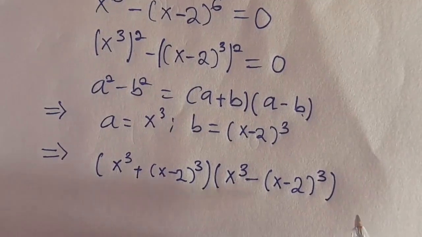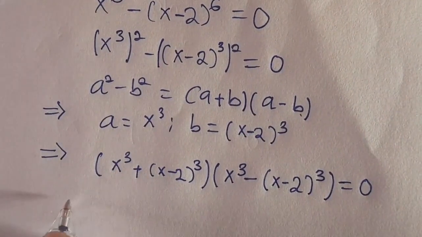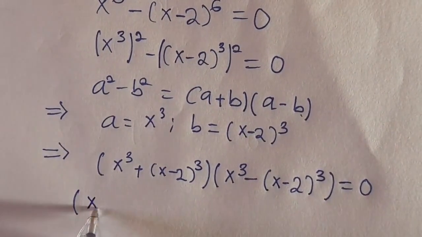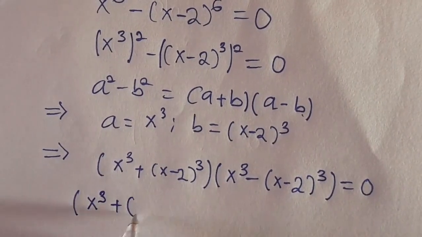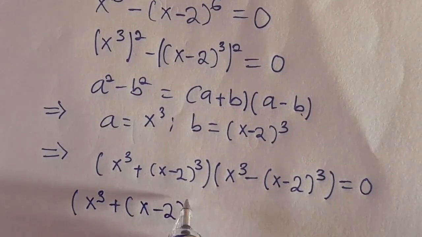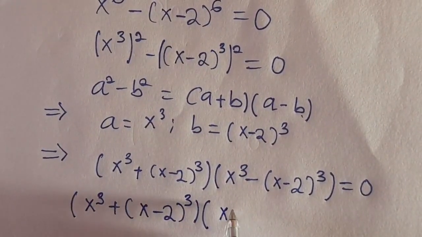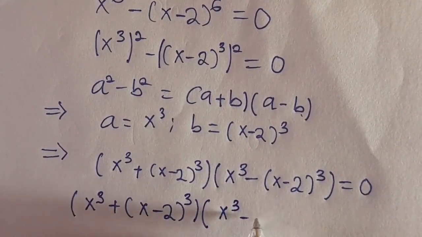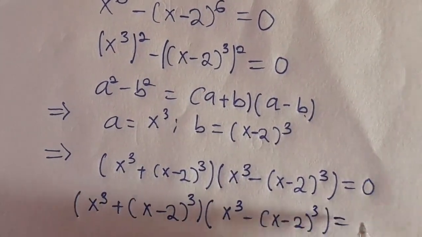So the whole of this equals 0. So from here we have (x raised to the power 3 plus (x minus 2) all raised to the power 3), then (x cube minus (x minus 2) raised to the power 3) equals 0.